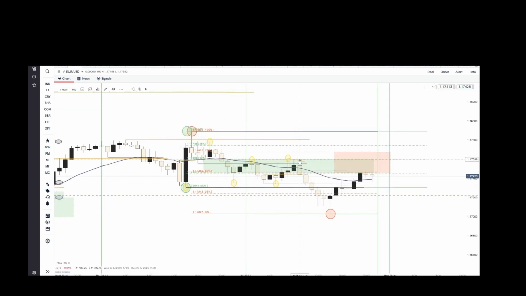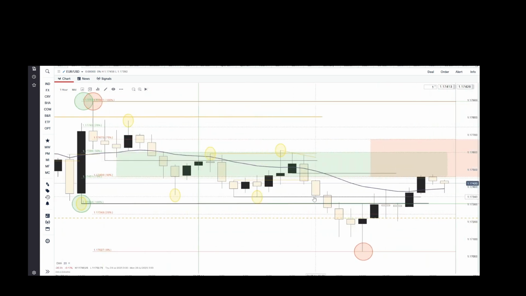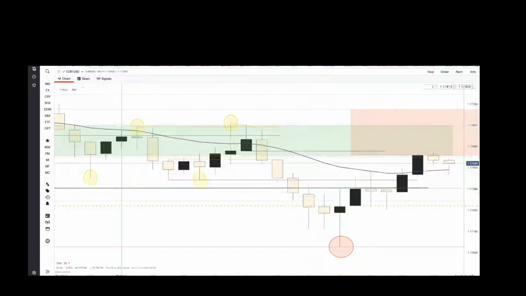But we can see, after this 9 o'clock bearish engulfing, I was looking for a pullback into this low. Again, you've got exactly the same thing as I was showing on the weekly chart.